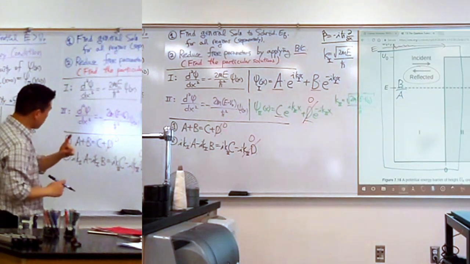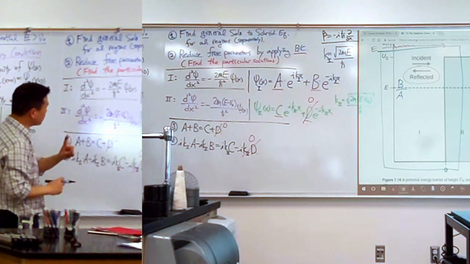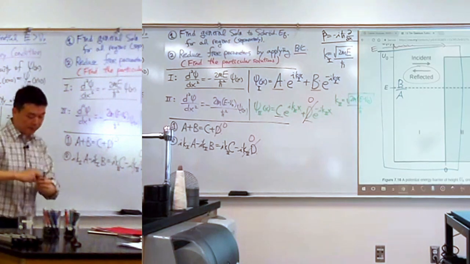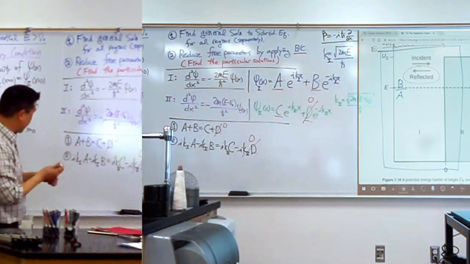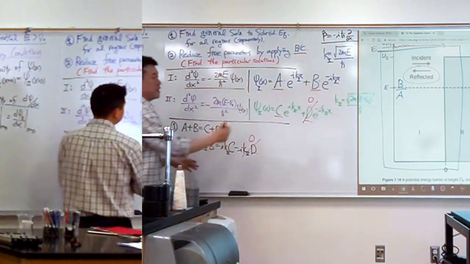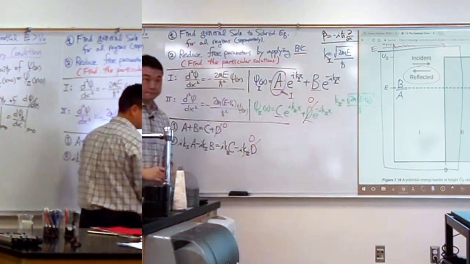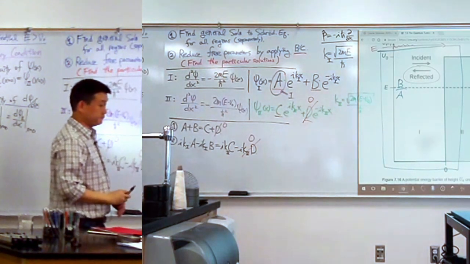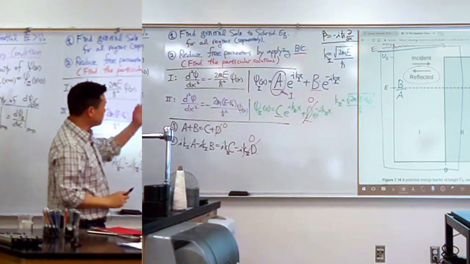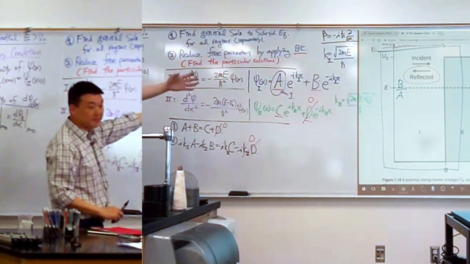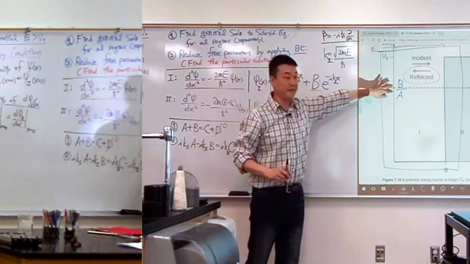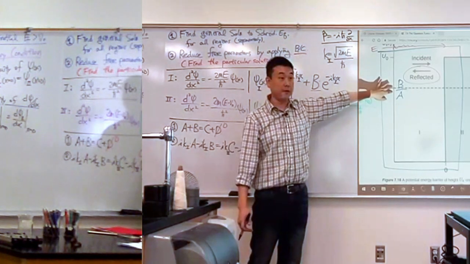So here's maybe one way to mathematically represent that. I'm going to say my A is equal to 1. Then whatever values of B and C I get are what those ratios would be if I hadn't set A equal to 1.